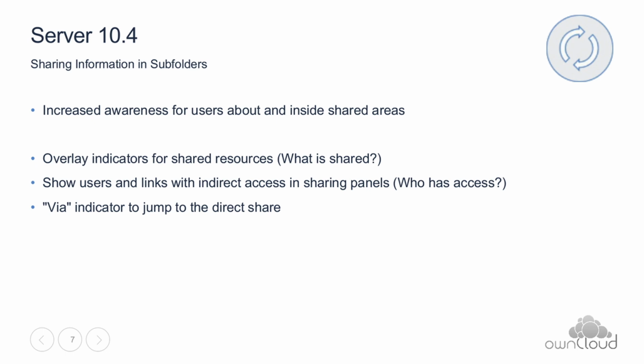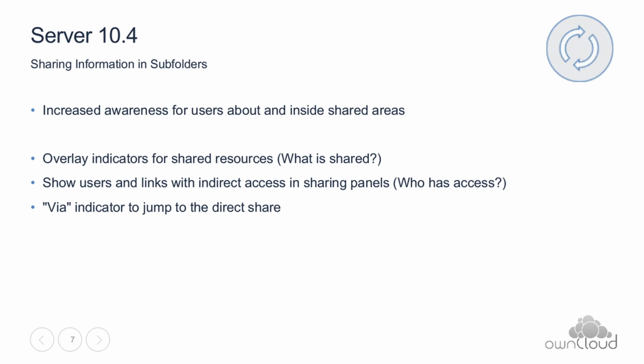This is about making users aware of shared areas, and also, when they're working in shared areas, preventing them from accidentally sharing files or accidentally altering other users' files without knowing that they belong to someone else, or that a shared folder belongs to someone else, or maybe is shared publicly, things like that.